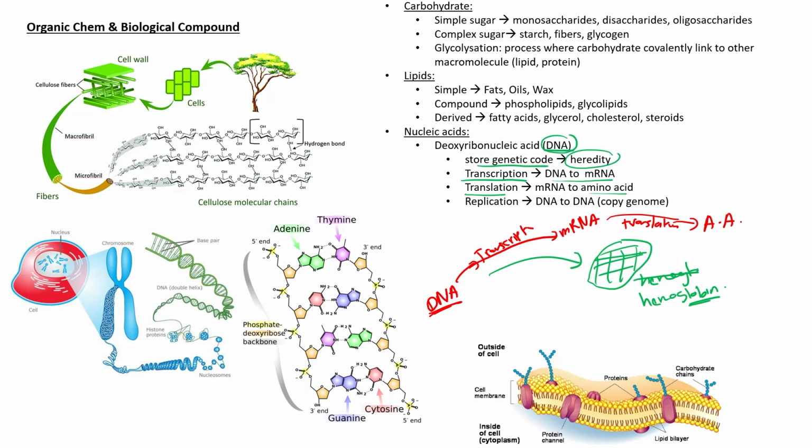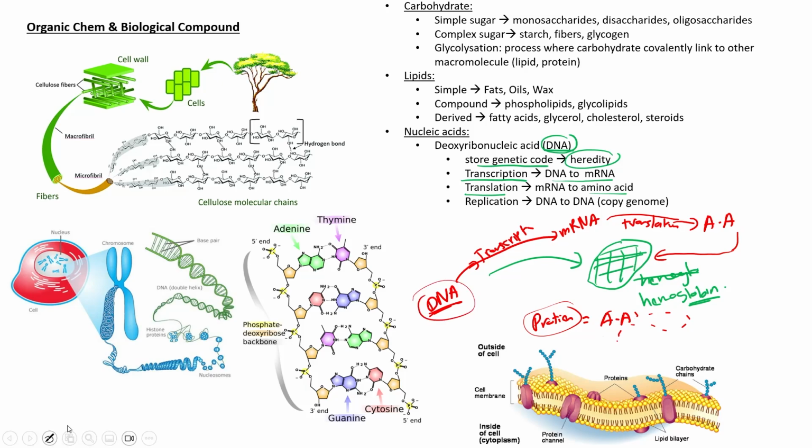Amino acids combine with each other, and you get the protein, because protein is basically amino acids. You have a lot of amino acids, they combine together, and then you get a protein. That is what protein is. So in order for protein to be produced, you need instructions from DNA.